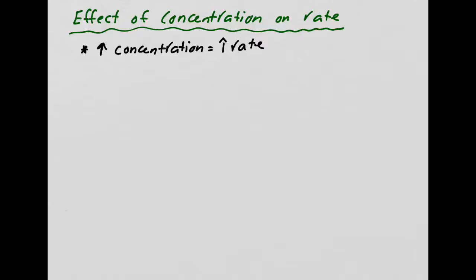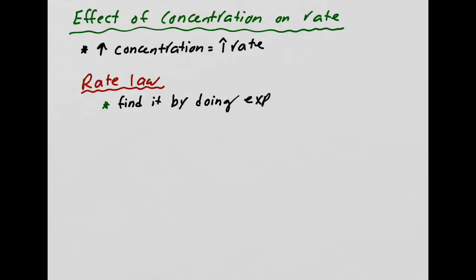All right. Now, what we're going to do, we're going to write a rate law. We're going to learn how to write a rate law. A couple things about this rate law. Number 1, and this is really key, you find it by doing experiments. You cannot just look at the reaction and say, probably that's the rate law.